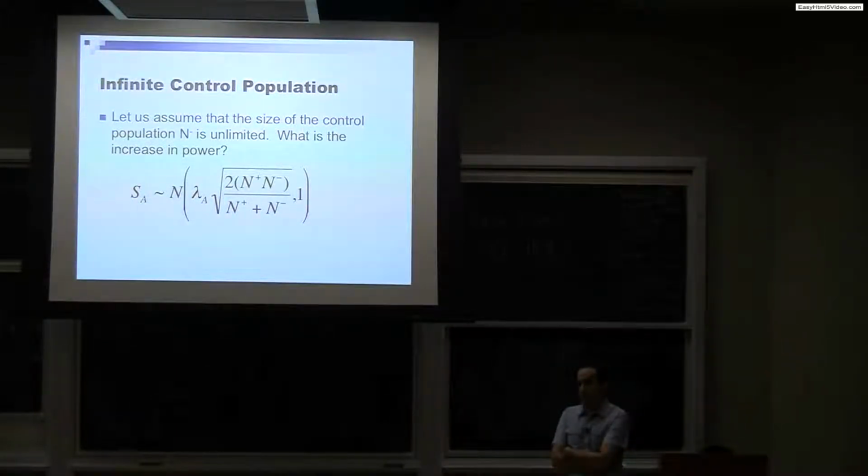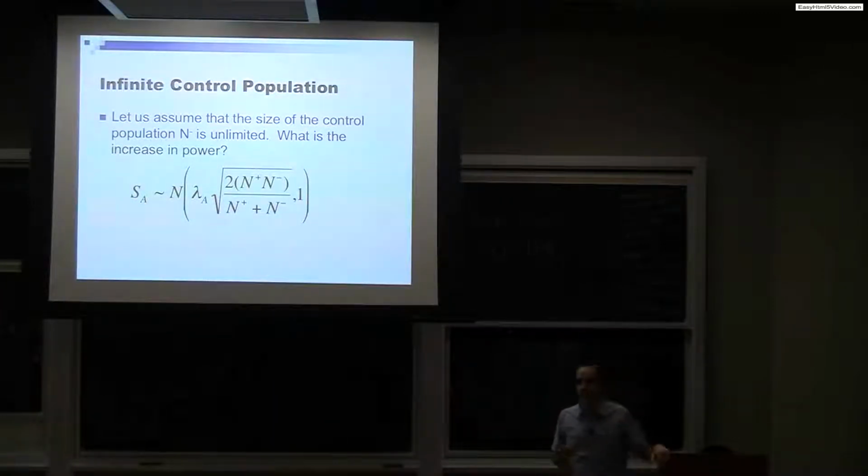If I do a balanced study of 10,000 cases and 10,000 controls, 10,000 is the highest number I can ever get. But hypothetically, what if I use all, I don't know, 8 billion people on the planet as the controls? Obviously that would increase my power to some degree, right? But how much would the increase be relative to if I had more people that have cases? That's what the question is.